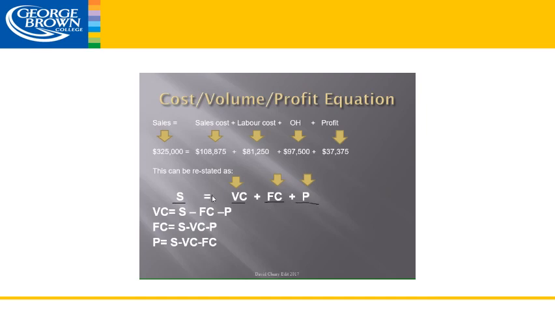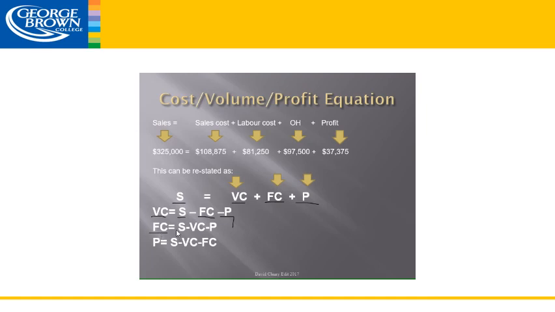Now this equation can be rearranged another 3 ways. To be our variable costs equal our sales minus our fixed costs minus our profit. And another way to isolate for our fixed cost, because this is again a constant scenario in that once we know the sales, our variable cost, our fixed cost, and our profit, they will not change unless we physically change them, but we can rearrange the equation to solve for unknowns if we need to.